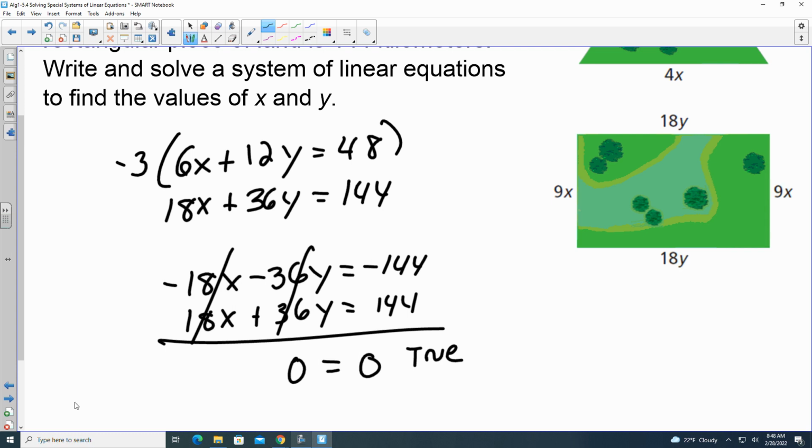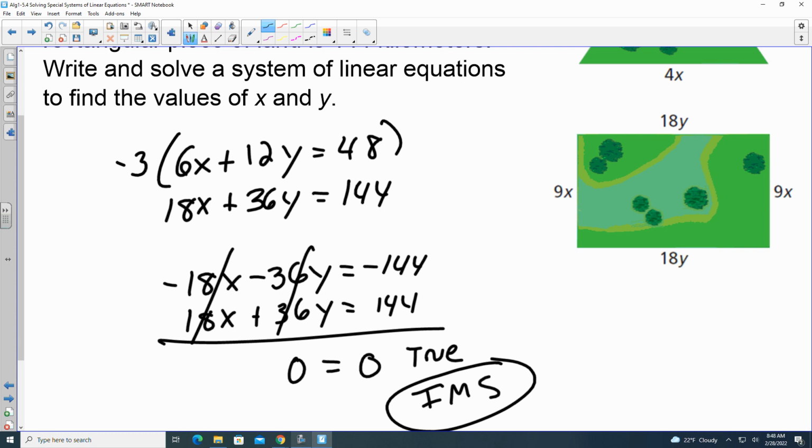So this is a situation where we get infinitely many solutions. What that means is you could pick essentially any value for x and y and make it a true statement because if you were to put these as a linear equation, they would actually be the same line.